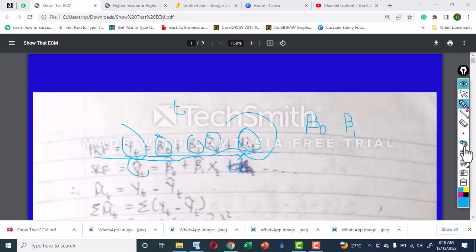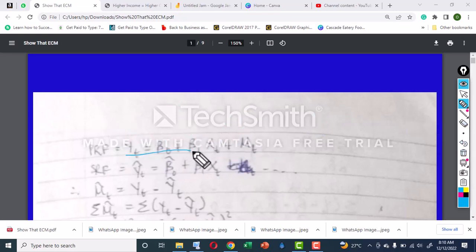So from what we have here, by the time you subtract the second one from the first one, you see that this one will cancel, this one will cancel. So you are just going to have that μ̂ is equal to this minus this. That's how these two are gone.